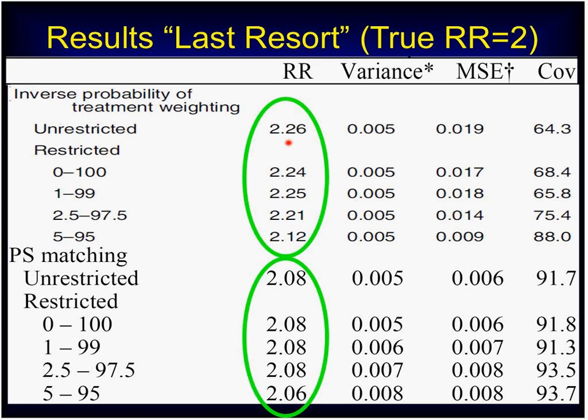Alternatively, the untreated with a very high propensity score get very high weights because the weight is 1 over 1 minus the propensity score, and if that propensity score is close to 1, then again the denominator gets close to 0, and by dividing by something that's very small, you get very large weights.